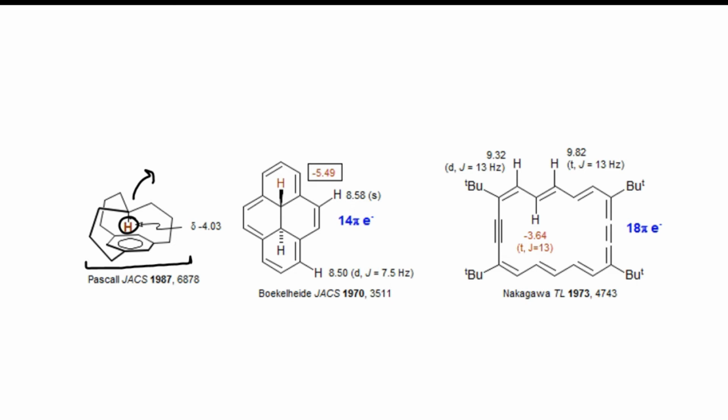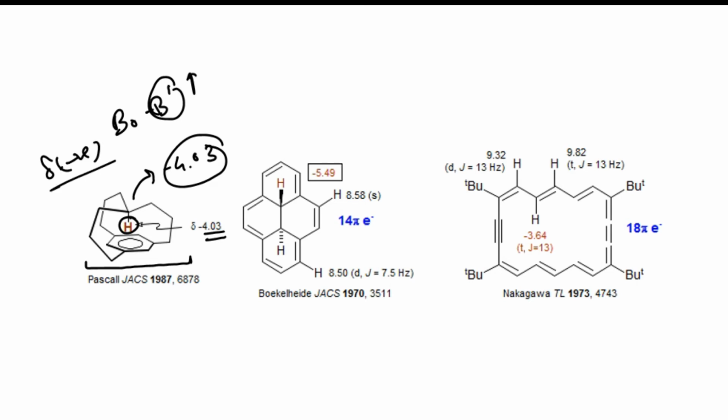You can see that this value is minus 4.03. So they are so much shielded. B prime is such a value that the delta value is negative. This hydrogen resides in the shielding zone, so that's why the value is negative.